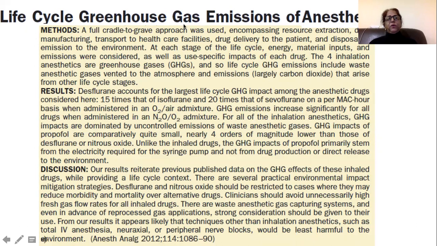The life cycle assessment of greenhouse gas emission of anesthetic gases was calculated in a study, and it was found that desflurane accounts for the largest life cycle greenhouse gas impact among the anesthetic drugs, which is 15 times more than that of isoflurane and 20 times that of isoflurane on a per MAC hour basis when administered in an oxygen air mixture. And if nitrous oxide is added, then it reaches a quite high value.